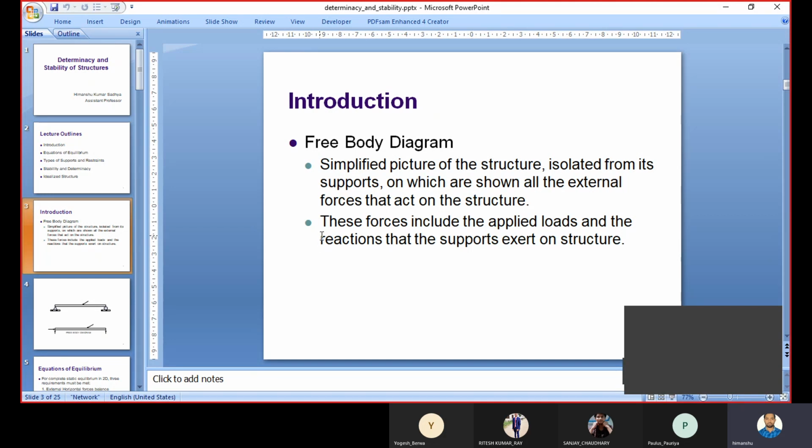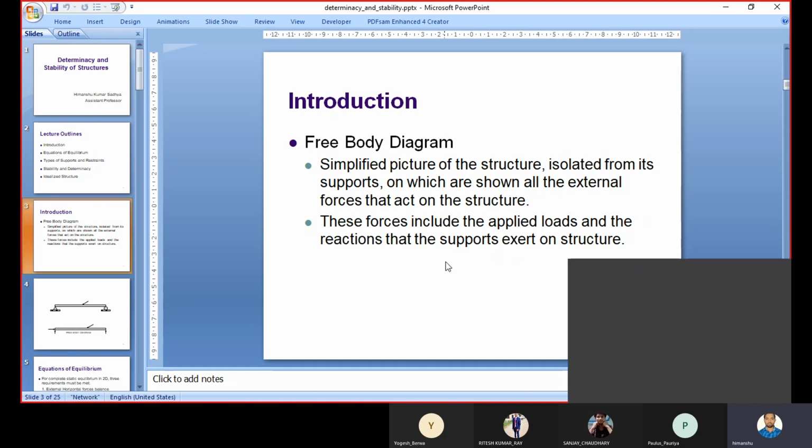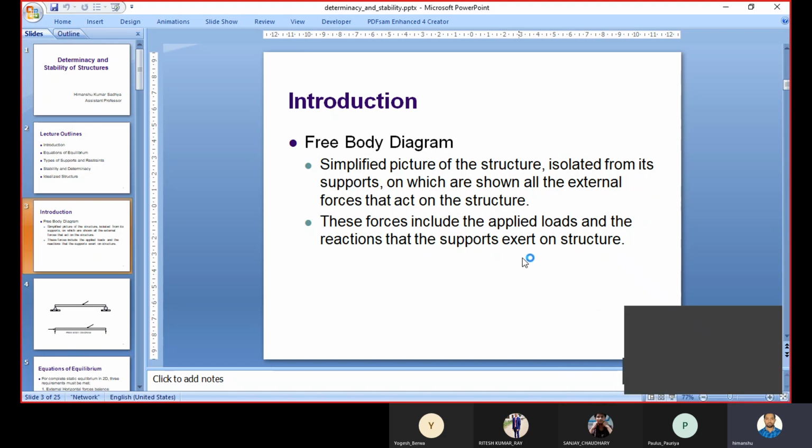And the second point is, these forces include the applied loads and the reactions that supports exert on the structure.